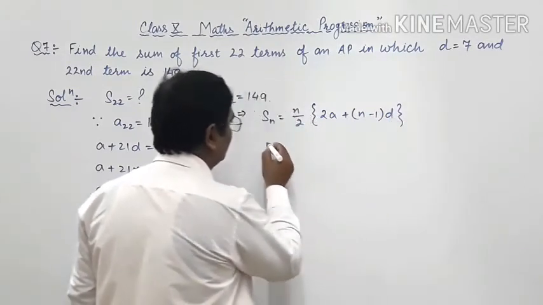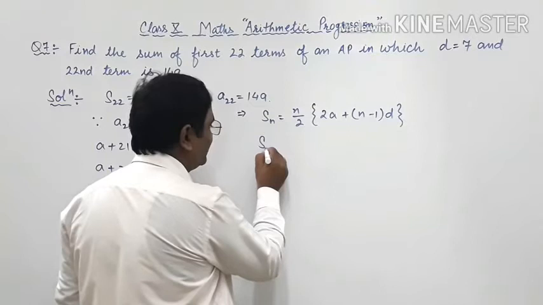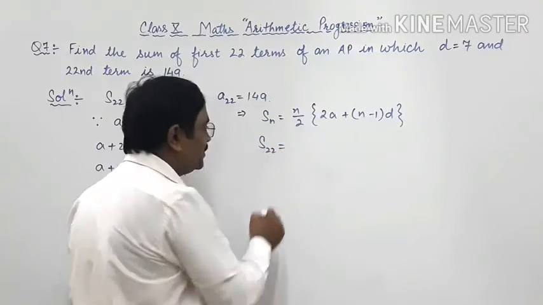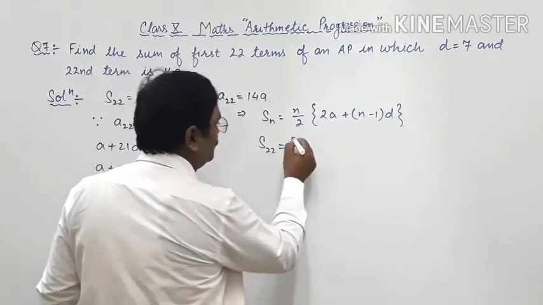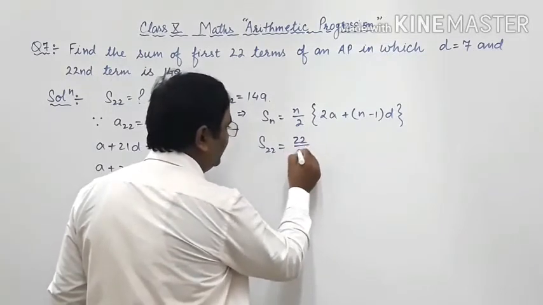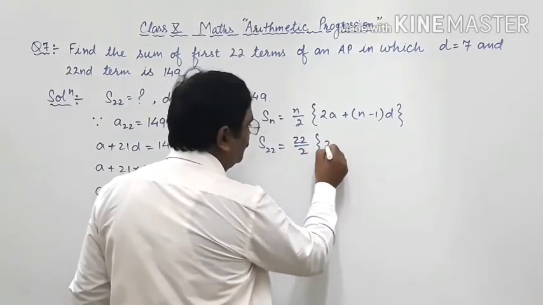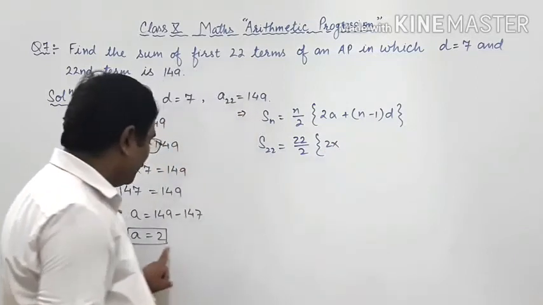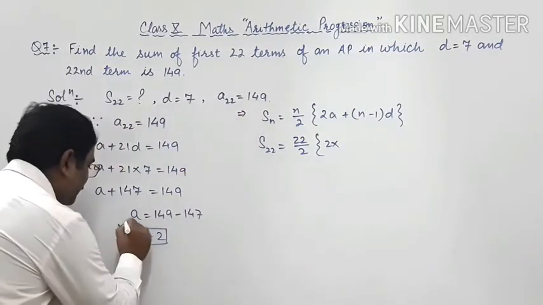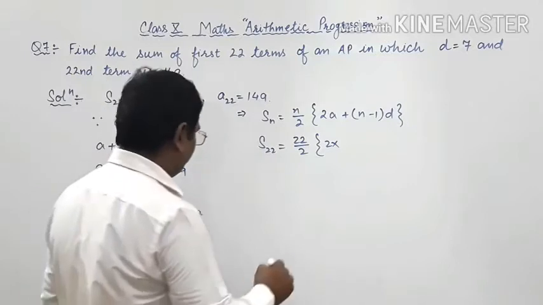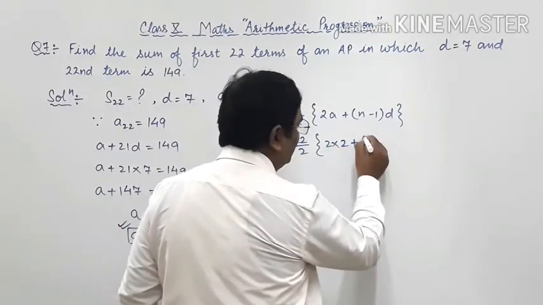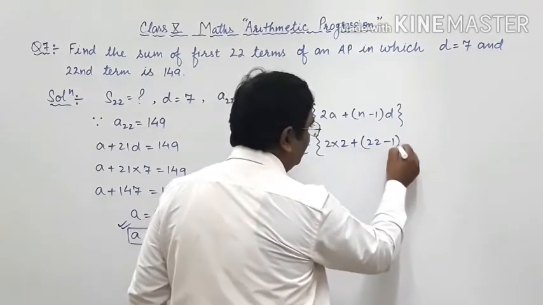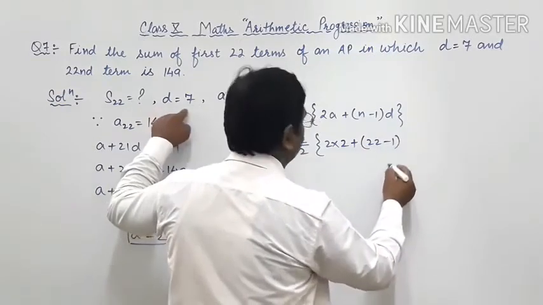So let us substitute, as S22 means n is equal to 22. So 22 divided by 2, 2 multiplied by a, and the value of a we got from here, that is 2, plus n minus 1, it means 22 minus 1, and the value of d is given, which is 7.